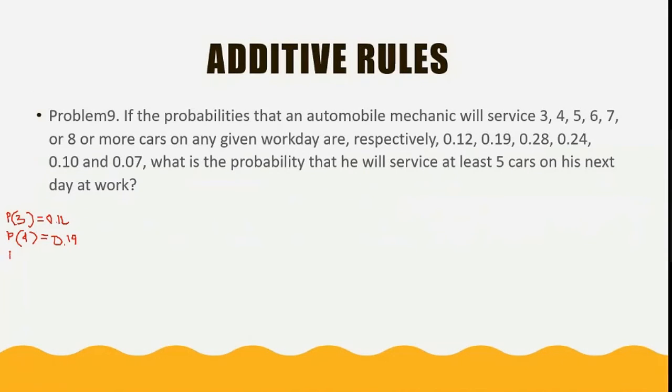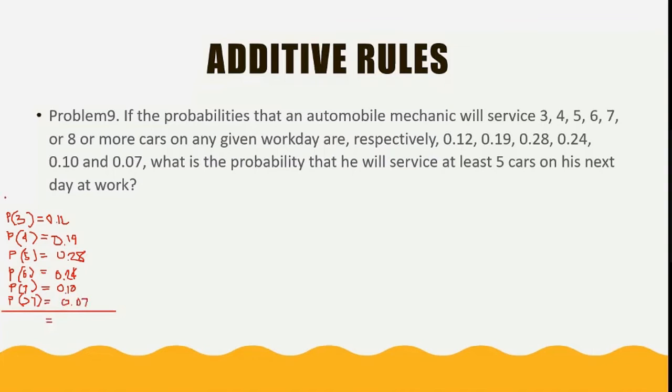The probability of getting 5 is 0.28. The probability of getting 6 is 0.24. The probability of getting 7 is 0.10. The probability of getting 8 or more, which means greater than 7, is 0.07.